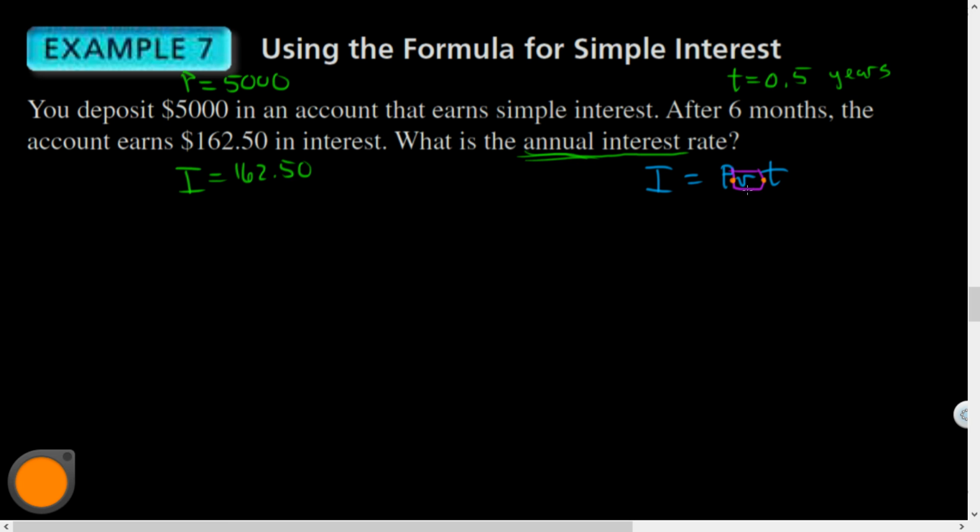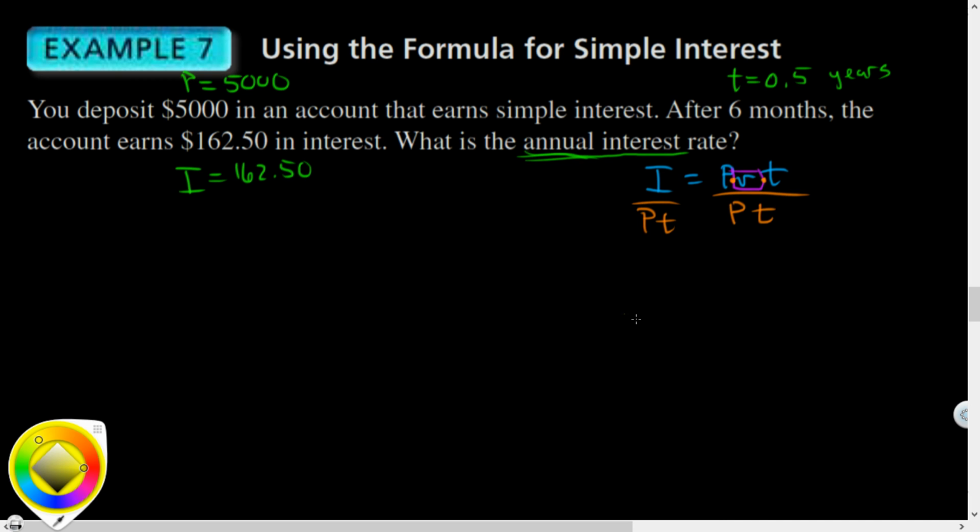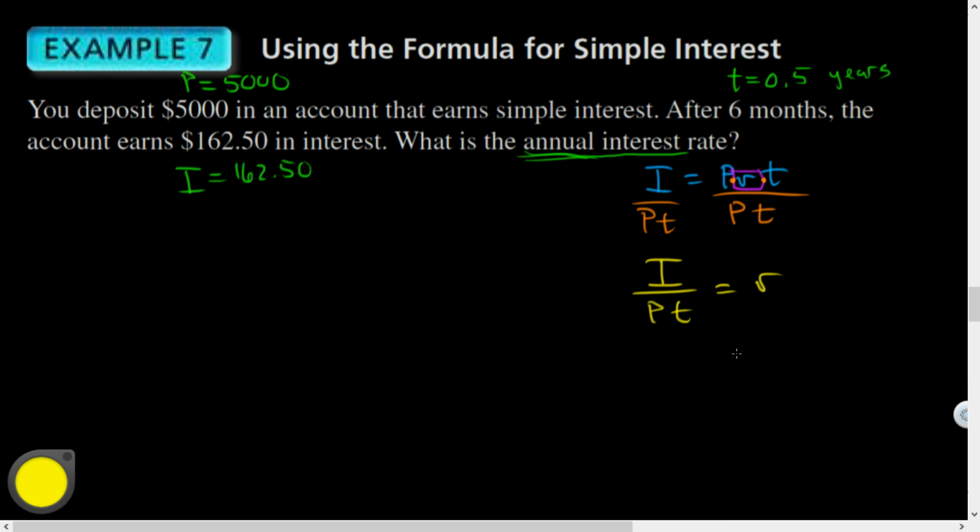Division. And watch this. Let's do a 1-2 combo. Let's divide by PT. Same time. So I'm going to get I over PT is equal to R. Or let's flip it. R equals I over PT.